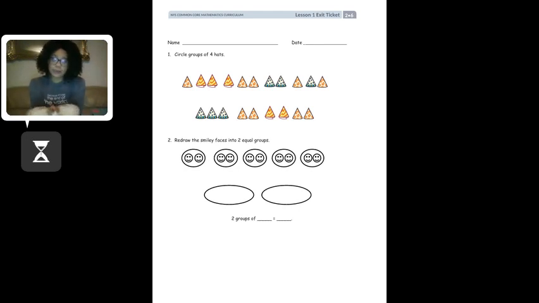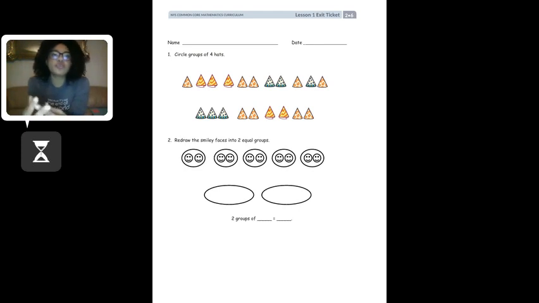So first things first, number 1 says, circle groups of 4 hats. Number 1, circle groups of 4 hats. So let's see, how many hats do we have in all? We have 1, 2, 3, 4, 5, 6, 7, 8, 9, 10, 11, 12, 13, 14, 15, 16, 17, 18, 19, 20.